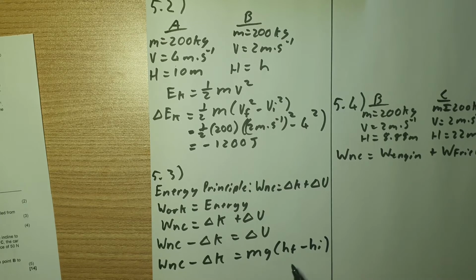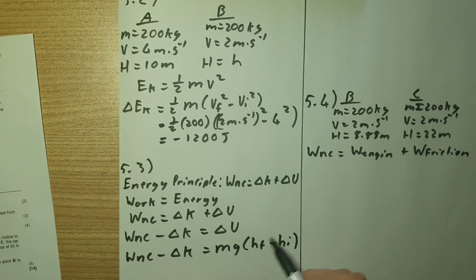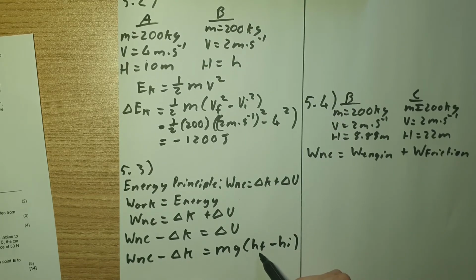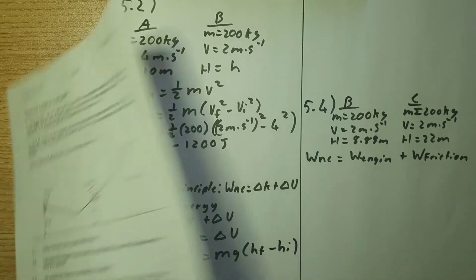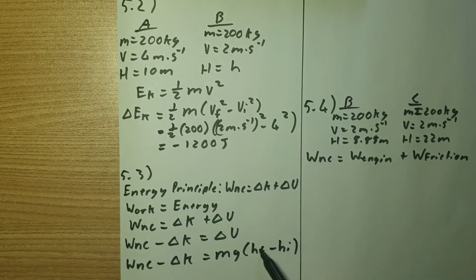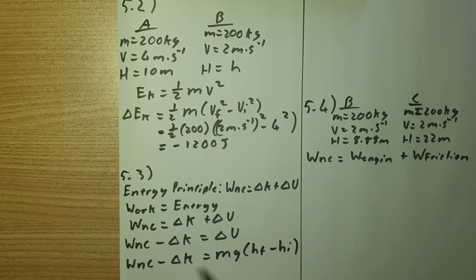Now to get h final on its own, since that's what we're looking for because we're moving from A to B, I'm going to divide both sides by mg, and then take this across.